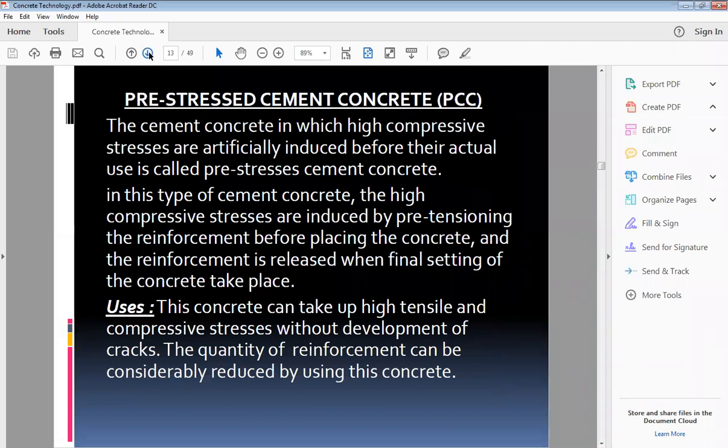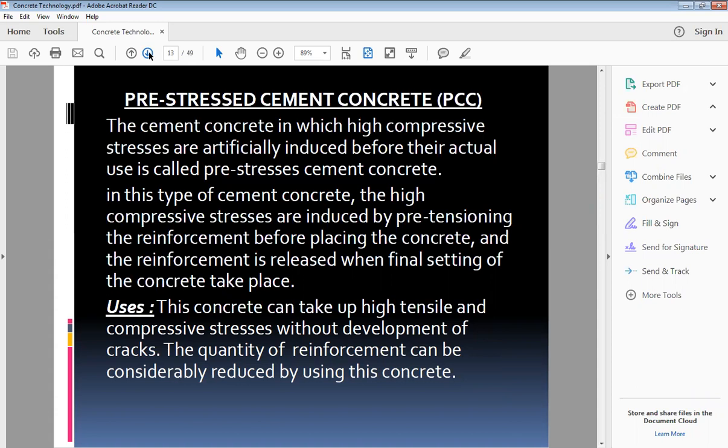Next part is pre-stressed concrete. It is concrete in which high compressive stresses are artificially induced before its actual use. It is called pre-stressed cement concrete.